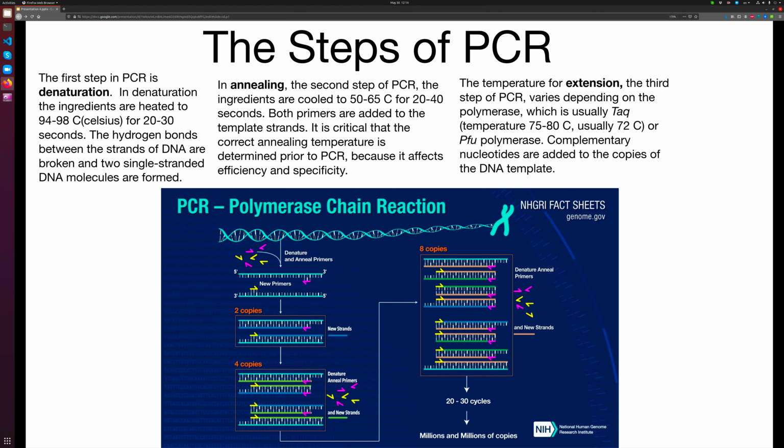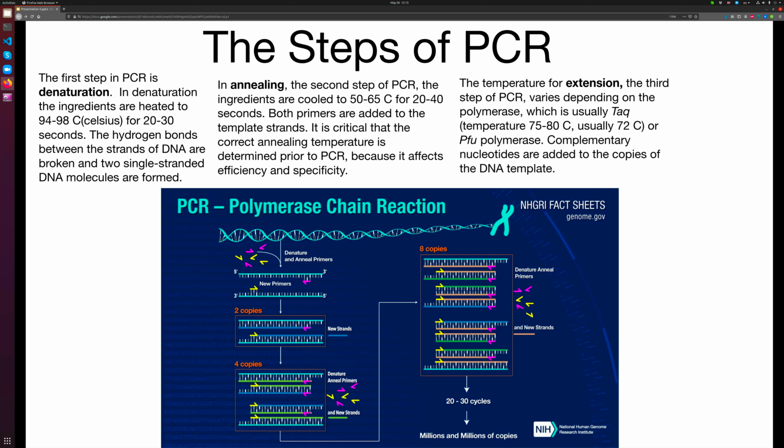But what about PFU polymerase? PFU polymerase does have a proofreading system, and it's better than no proofreading system at all. But PFU polymerase's proofreading system is not as robust as the proofreading system in our DNA replication polymerases. So we use high-fidelity DNA polymerases.